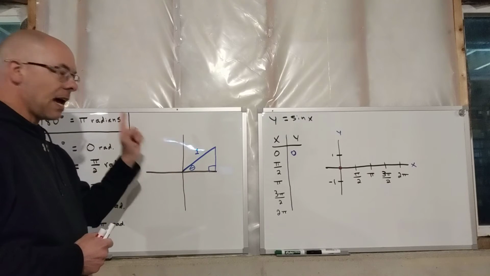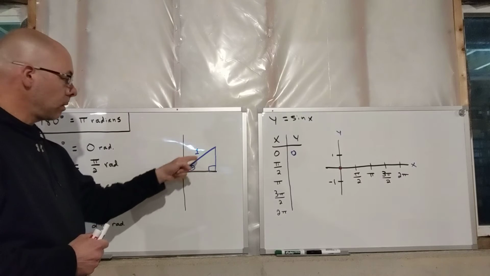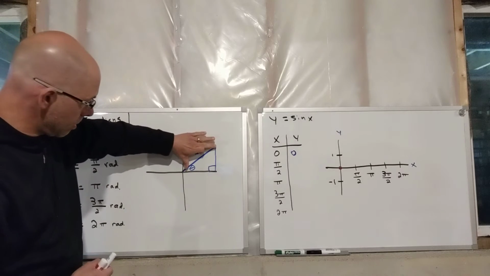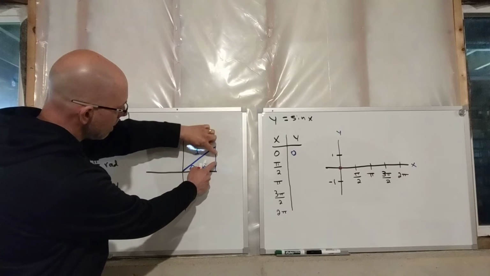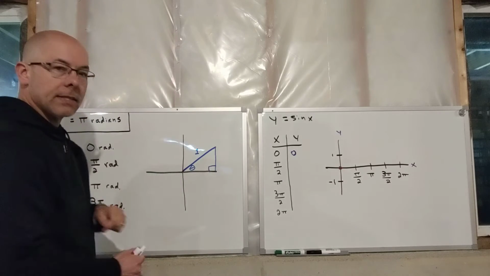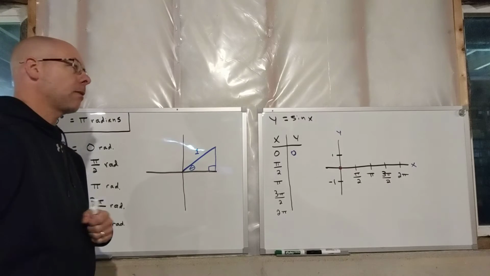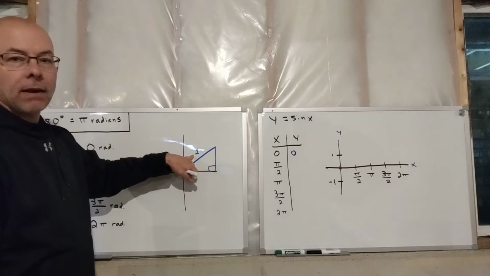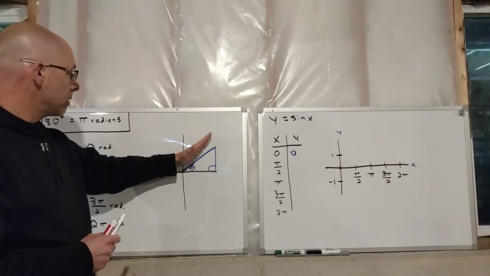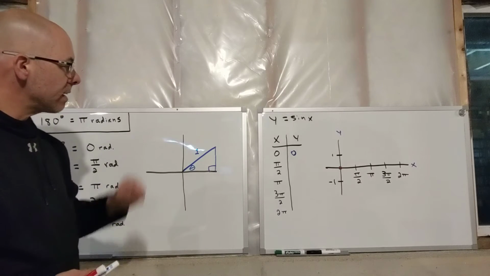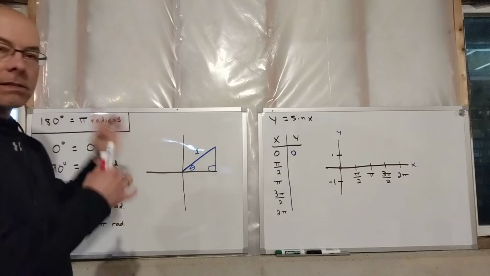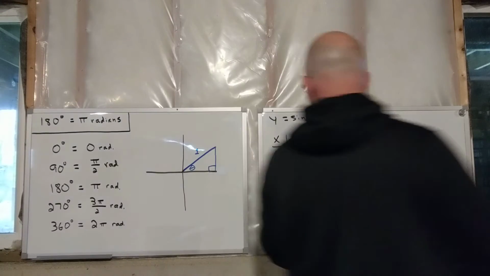Notice that the opposite and the hypotenuse are taking this side, because this rotates up into the opposite position right here, and that side gets so big that it goes right on top. So you're technically doing 1 divided by 1. And by the way, it wouldn't matter if that was 5. If you brought this up here, it'd be 5 divided by 5, it'd be 1. So that's why the sine of 90 degrees, the sine of pi over 2, is 1.